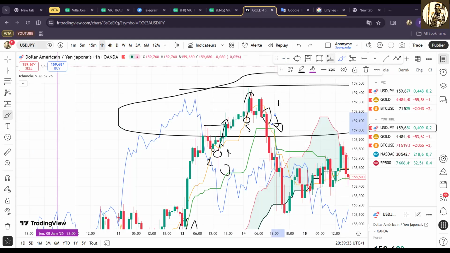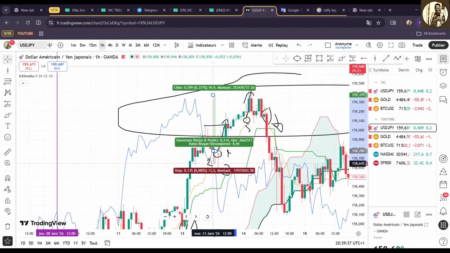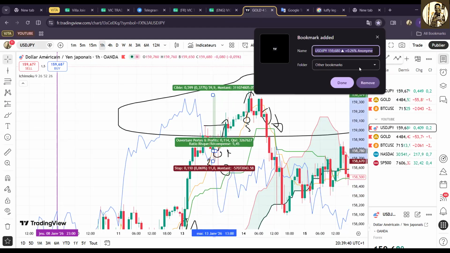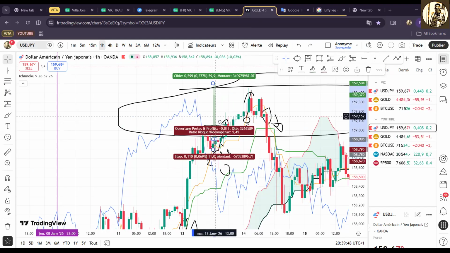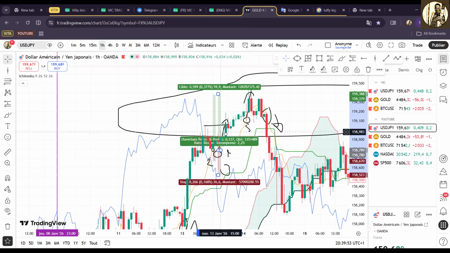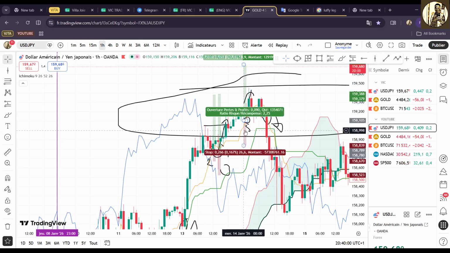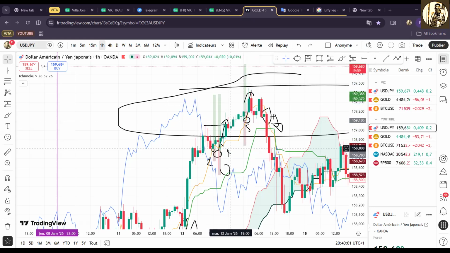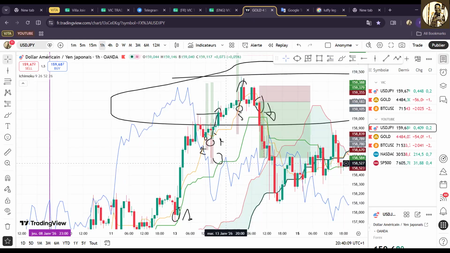So what I mean is that every place here on the left, you can just buy. You can just buy this one. You can buy this. But you keep buying as long as the price keeps going to the upside. But as soon as you see Tenkan inverted, you stop buying. You stop buying, you start selling.